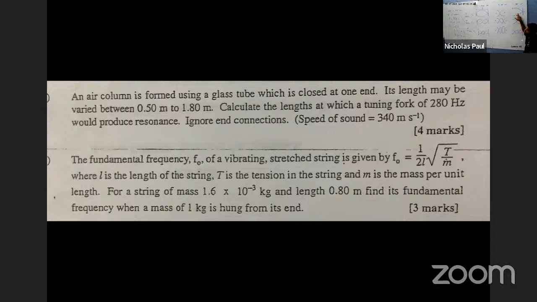You have to figure out what length you'll observe this at, or this at, or this at. They give you the speed of the sound and everything you need. They are adjusting the lengths, so work out for this first. What length will this happen at?